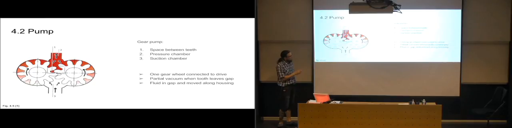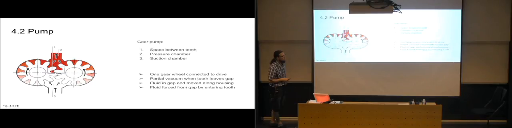And the fluid gets caught inside here, and then it's moved along the housing all the way up. And then as the fluid gets into here, it will be forced by the tooth that is coming in here. It will force the fluid here to go into the flow.